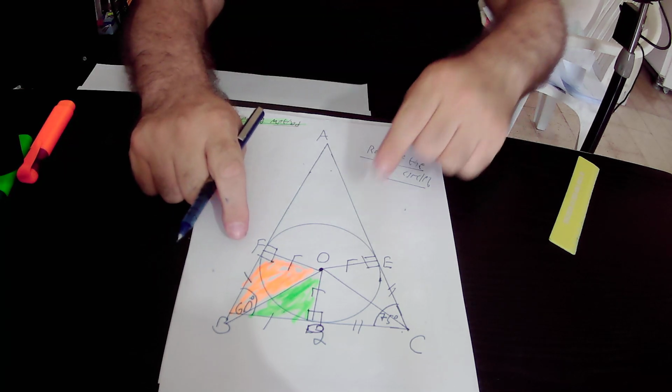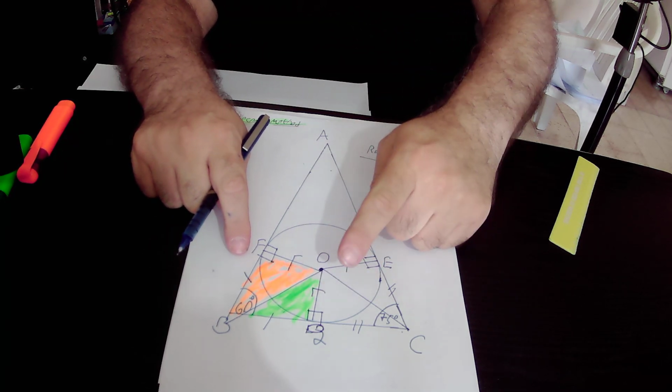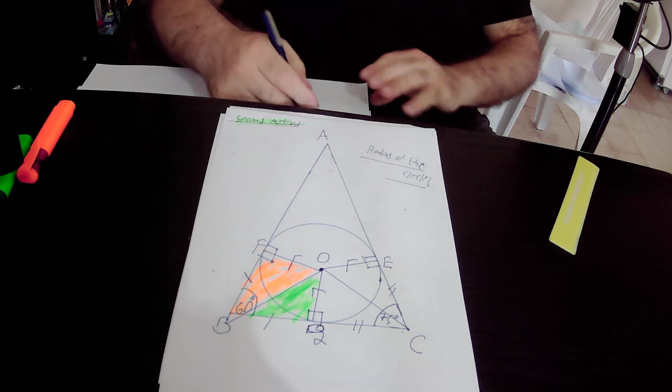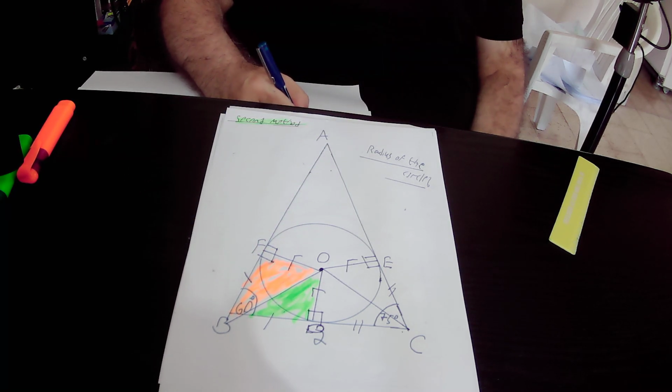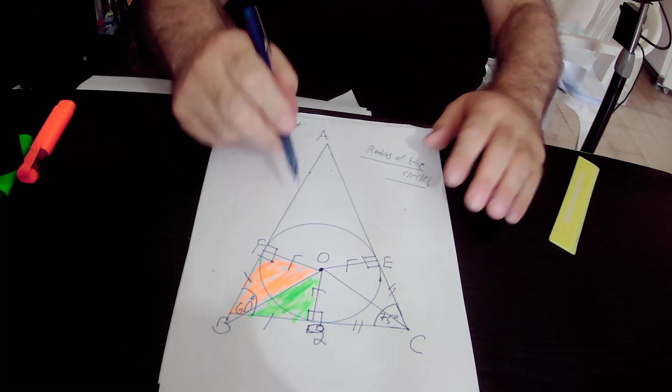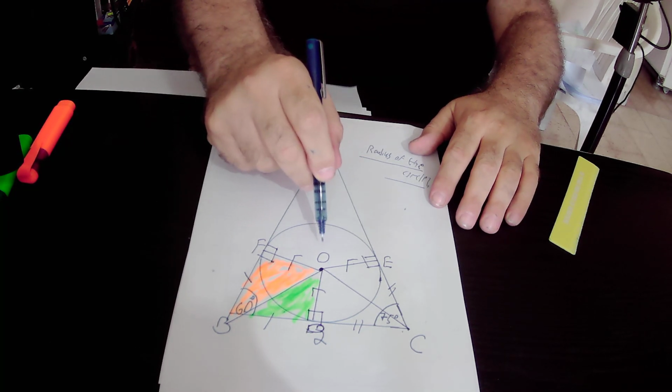First of all, we just found out that FB equals BD, according to rule number 2. In addition, FO equals OD.